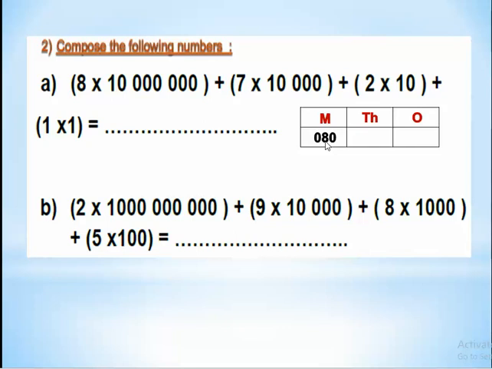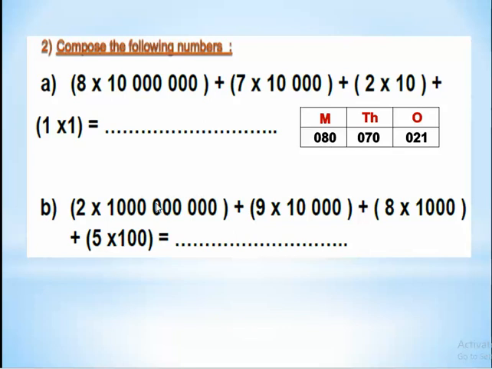Thousand, we don't have 100,000, so we will replace it with 0 and we will write 70,000. Here we don't have hundreds, but we have tens and we have ones, so it will be 21.